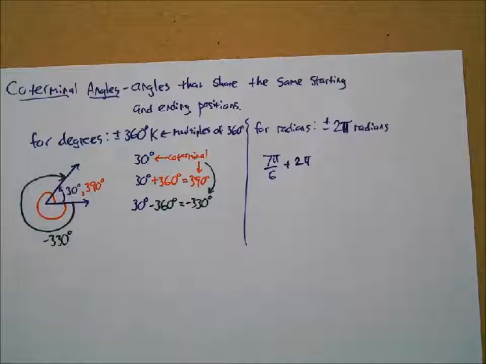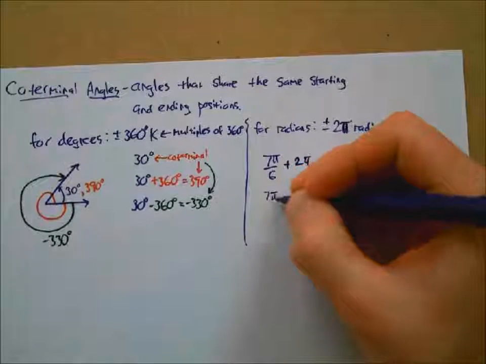In order to add these two things together, what do we need, though? Can we add them together as they're currently written? The answer is no, because we need common denominators, so that'll be 6.